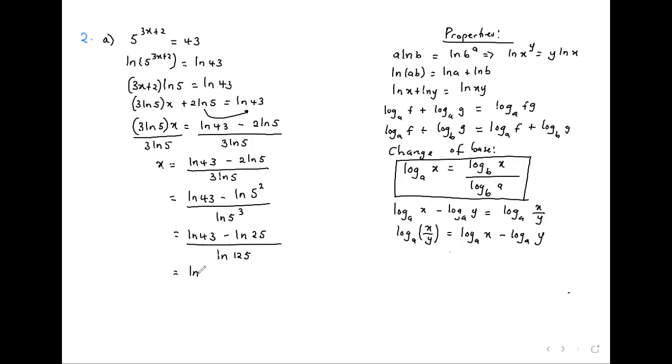So say this is ln 43 divided by 25, and then everything by the 125. So this is how far it can go. This is our x.